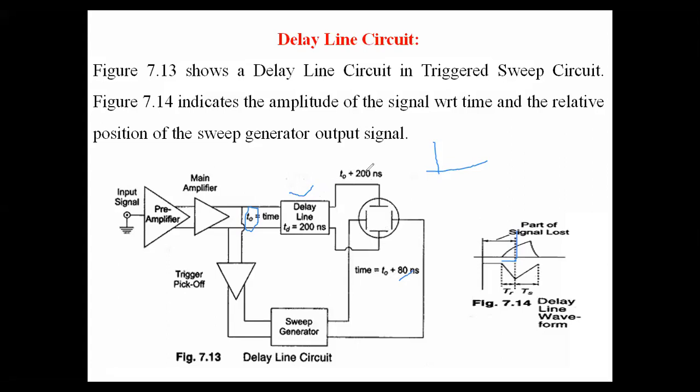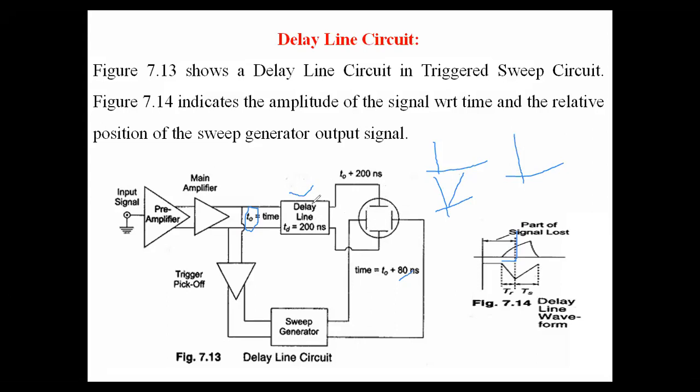If you apply the signal after the 80 nanoseconds, you can get the actual output signal. If you apply it before the 80 nanoseconds, loss of the signal will occur.